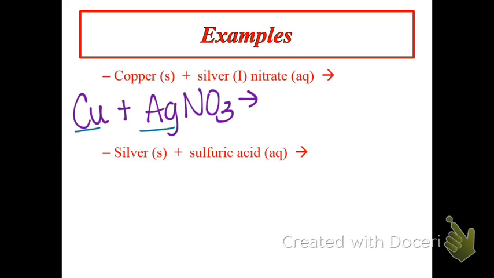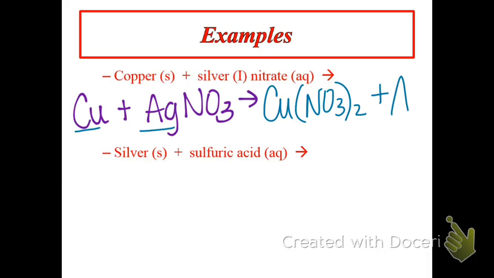And copper is higher on the chart than silver, so copper is going to... Yep, I was right the first time. That's okay. Alright, we'll finish this one. Copper will take the place, so we're going to treat it like a 2, Cu(NO3)2, and then plus silver. Alright, we'll fix the last one, so sorry.